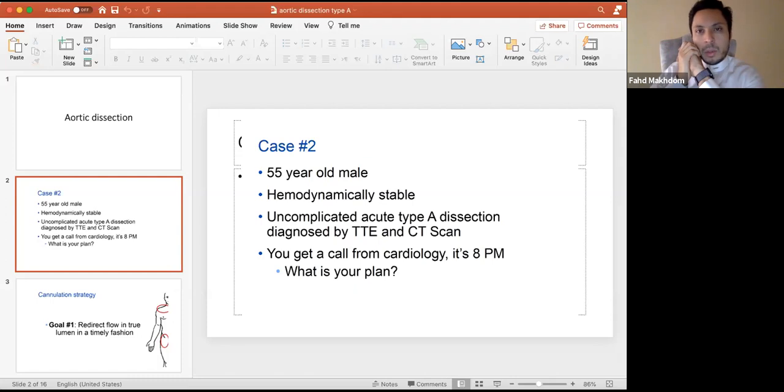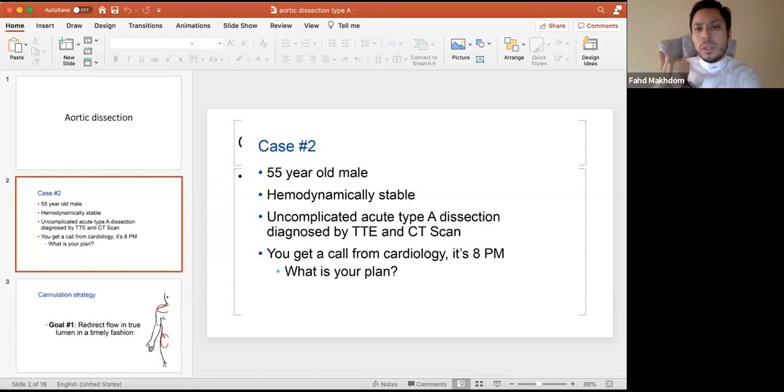The craniotomy as well, I don't think it will prevent major bleeding when you put the patient on heparin. The dissection progression is not going to stop, nor the mortality from the dissection. We know, right? So you have to calculate all this in your mind.